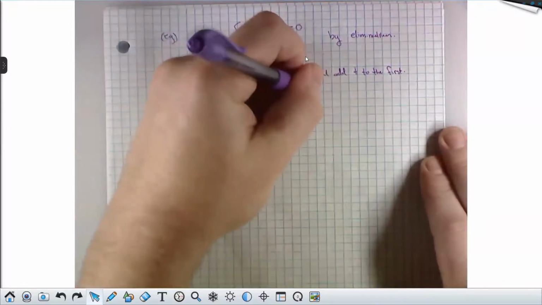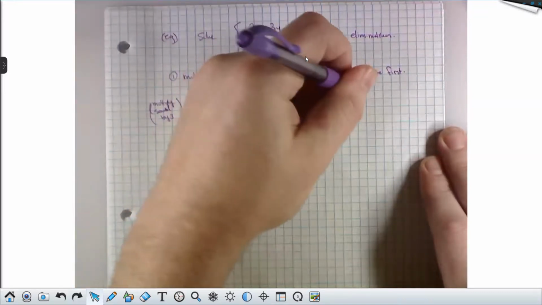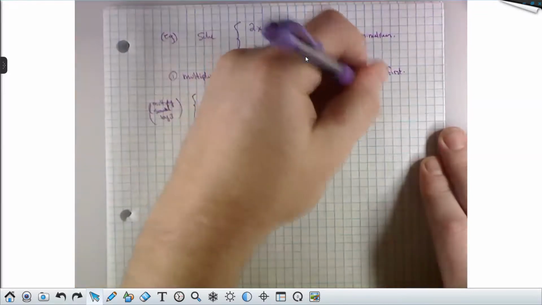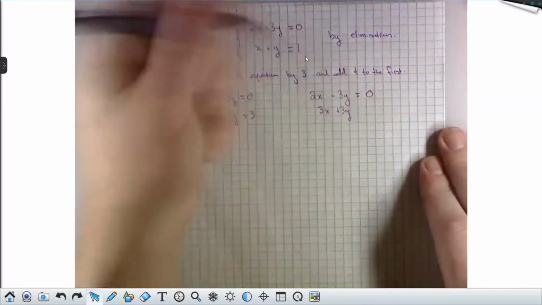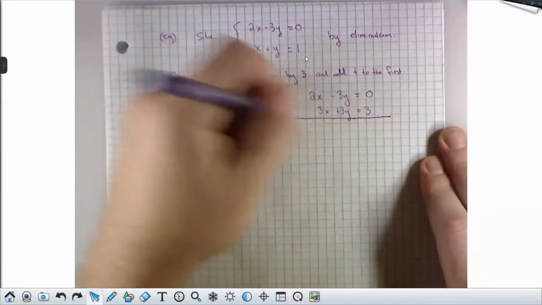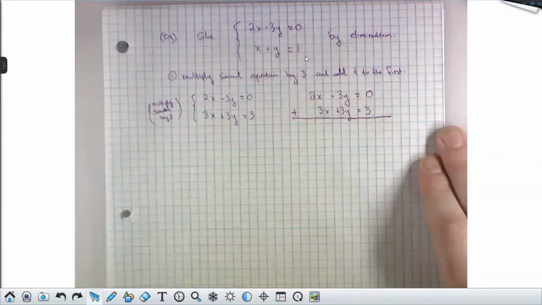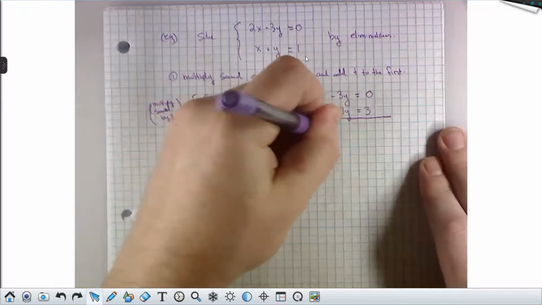Now, if I add these, I have 2x minus 3y equals 0, and 3x plus 3y equals 3. And if I add those up, just like we did in the last one, 2x plus 3x is 5x.